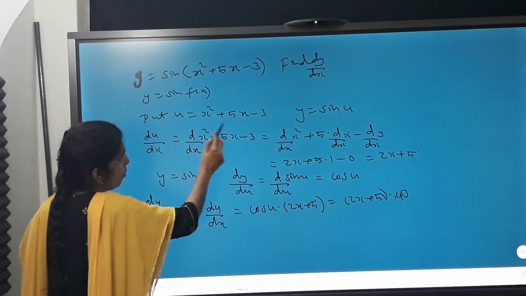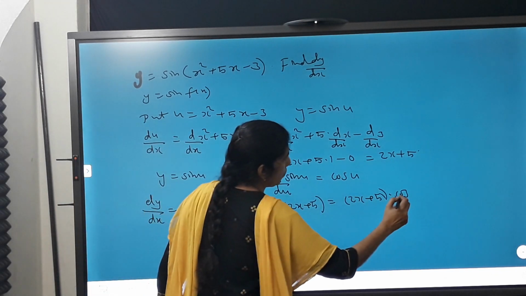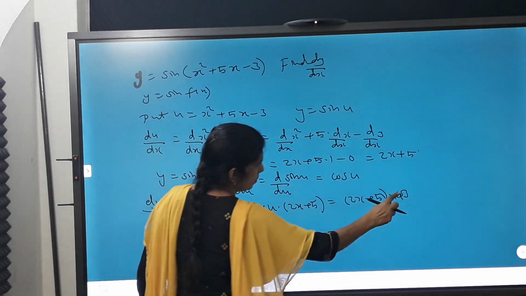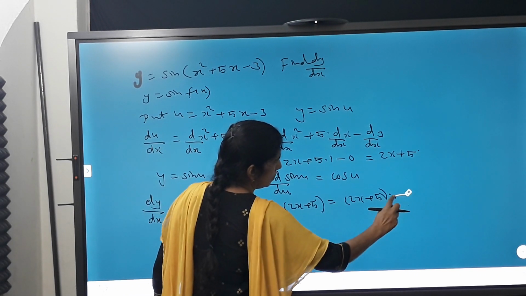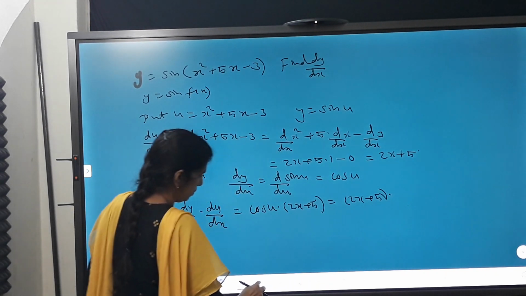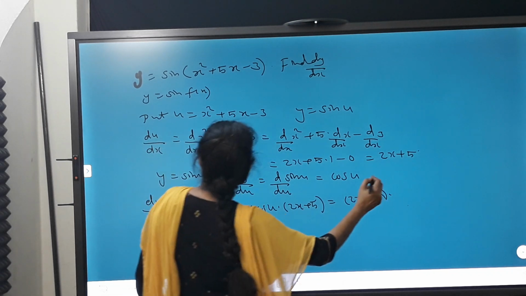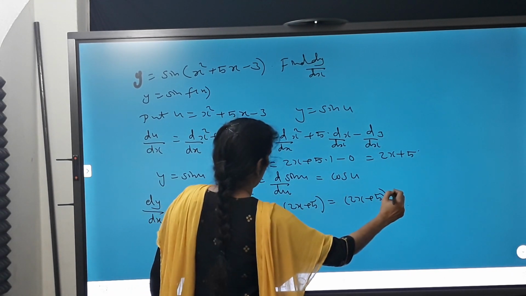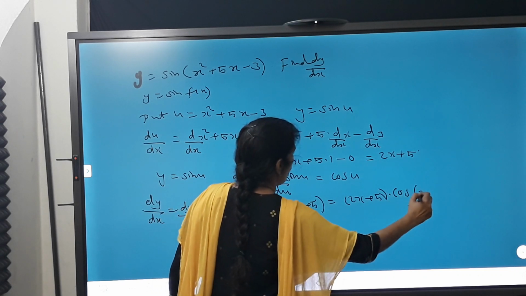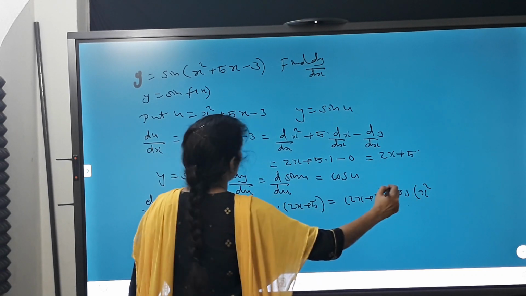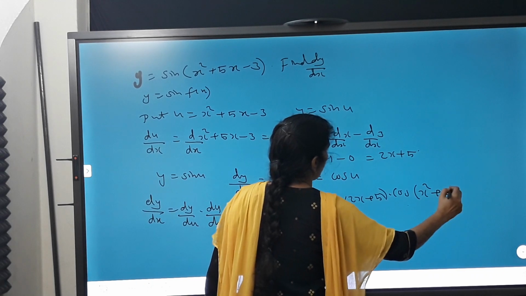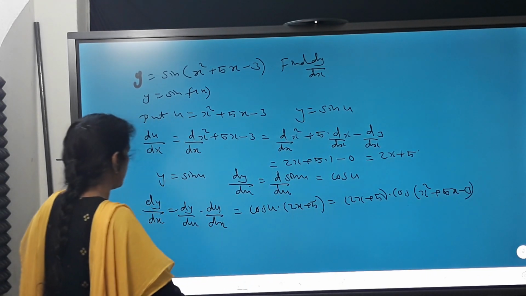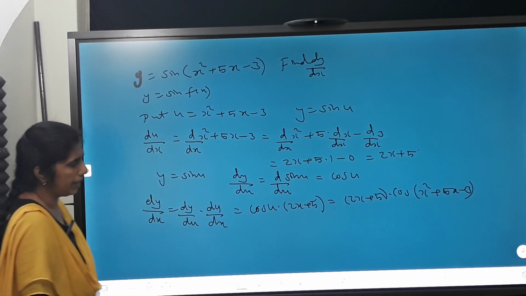Finally, don't forget to substitute the value of u. Our u is equal to x square plus 5x minus 3. So this is 2x plus 5 into cos of x square plus 5x minus 3. This is our dy by dx.